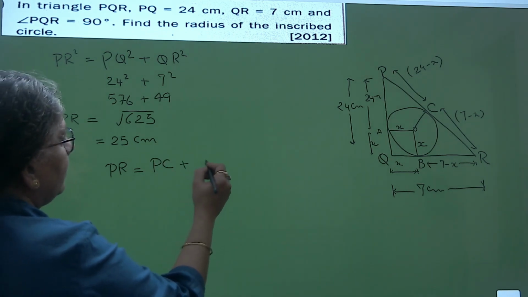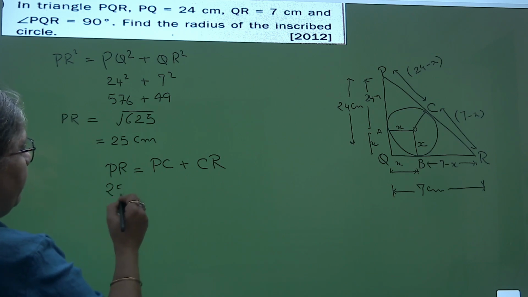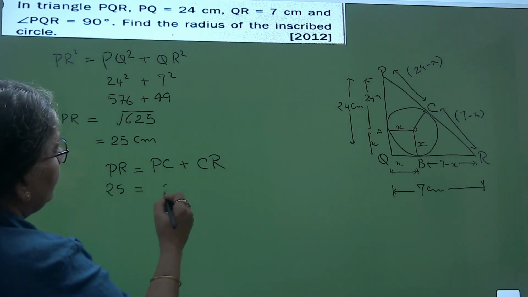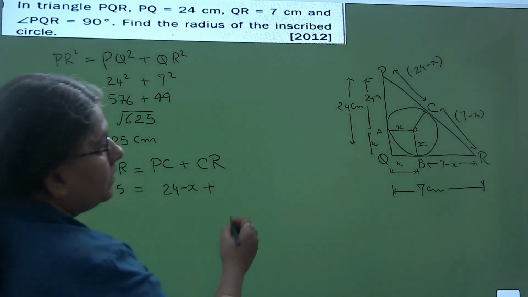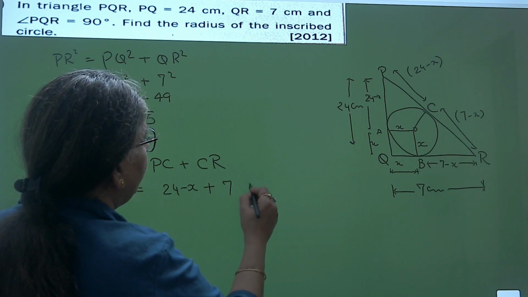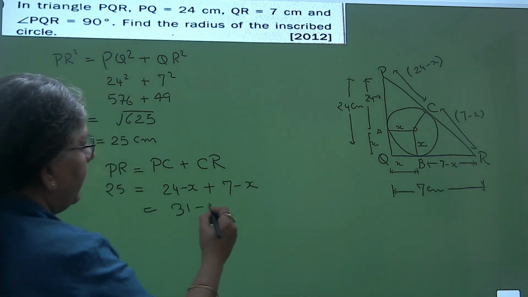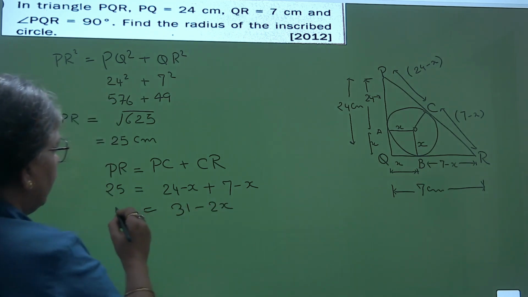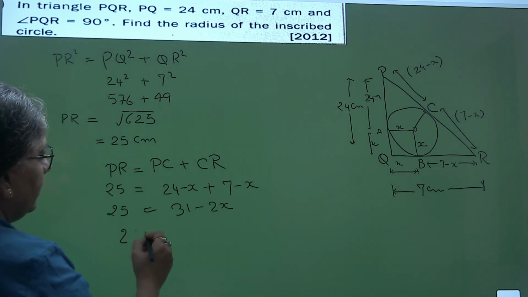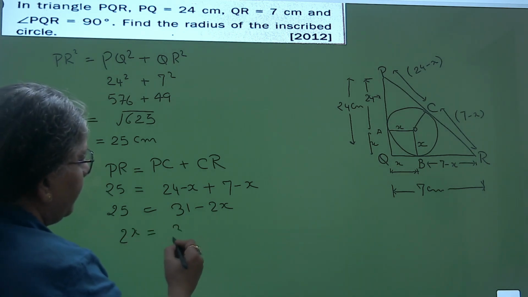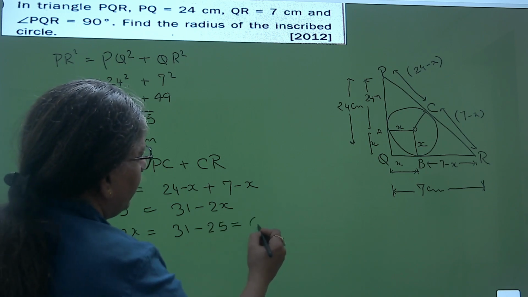So we can find X. 25 is equal to 24 minus X plus 7 minus X. On solving we get 31 minus 2X, or 2X is equal to 31 minus 25, which is equal to 6.